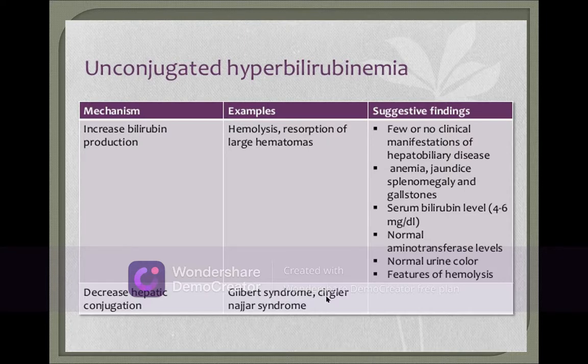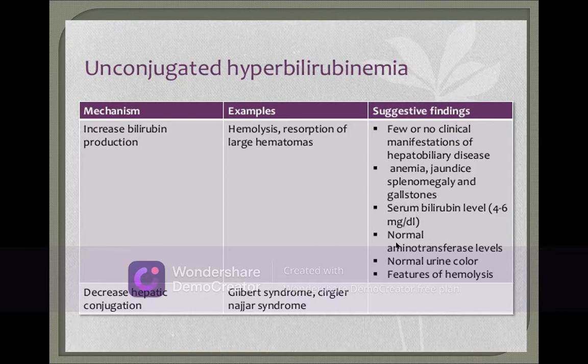And there is another syndrome called Crigler-Najjar syndrome type 1, or type 3 rather, which is a mild type of Crigler-Najjar, in which again the conjugation is very poor. Gilbert syndrome and Crigler-Najjar syndrome are syndromes related to genetic predisposition of the patient.